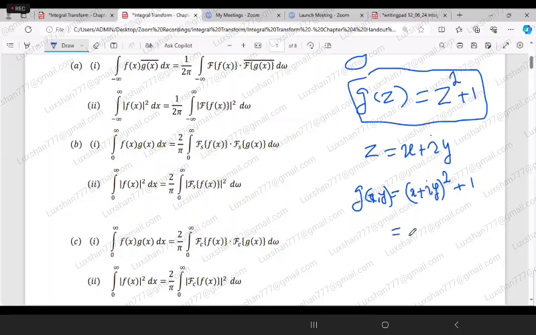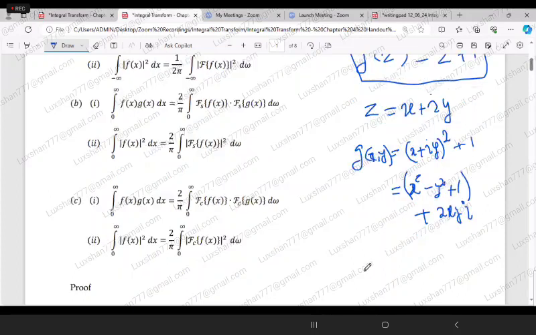If you simplify this, you will get x squared minus y squared plus 1 plus 2xyi, because i squared is minus 1. So our function g(x) is a complex function. Its conjugate is x squared minus y squared plus 1 minus 2xyi.